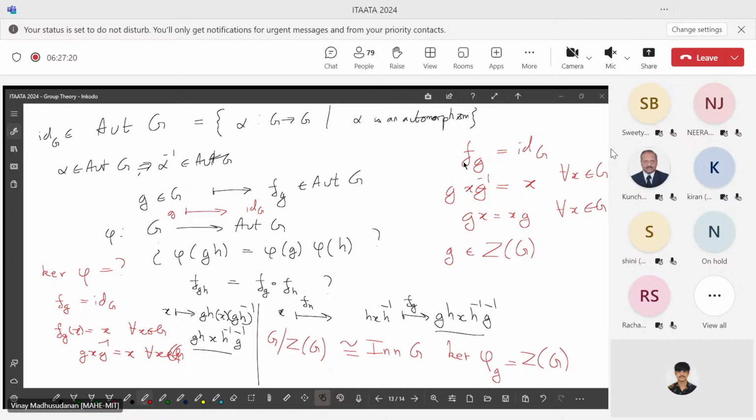Now dx is also equal to G. So for any arbitrary value y in G, y is also there in this setting.